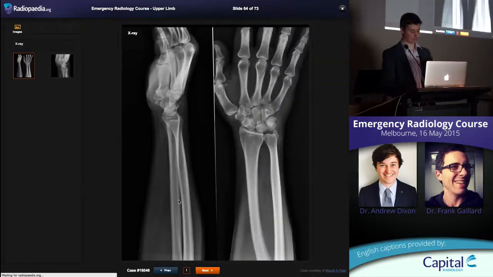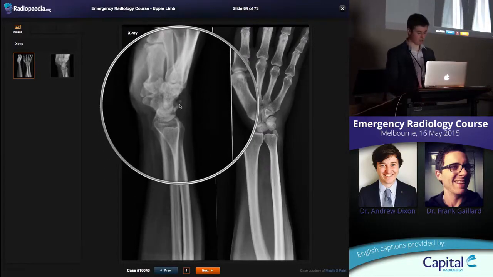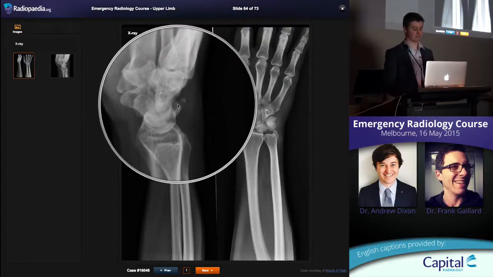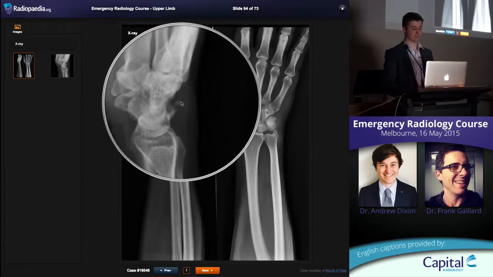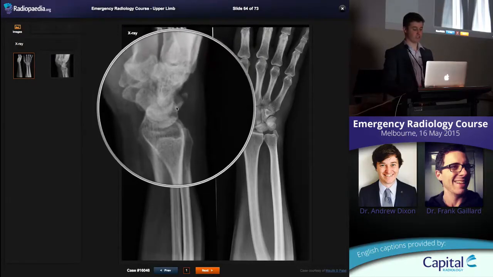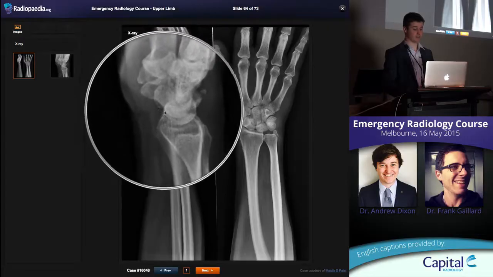This one is cute. This is a patient who's fallen down. And on the lateral image here, you can see this little bone fragment just displaced out the back of the wrist, dorsally. You can see that you've got your lunate here, seems to be intact. You've got your scaphoid, which is coming around like this, seems to be intact.